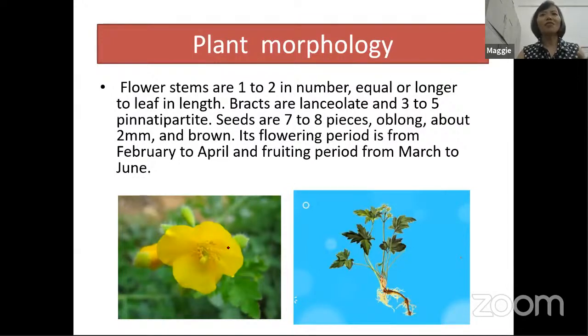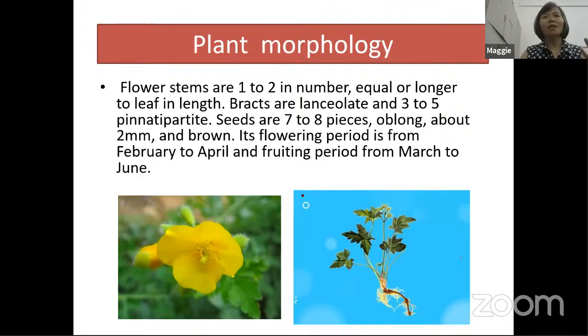Bracts are lanceolate and 3 to 5 pinnate, partite, scissor 7 to 8 pieces. Oblong, about 2 millimeter and broad. Its flowering period is from February to April and fruiting period from March to June.